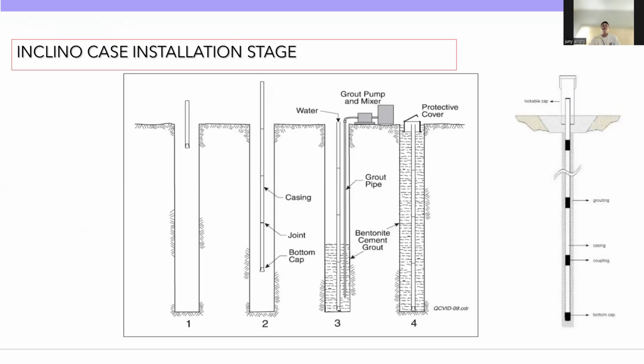Inclino case installation stage. This is the inclino case installation. We can look at this picture. There is a bottom cap in the corner of the inclino, and a joint and casing.